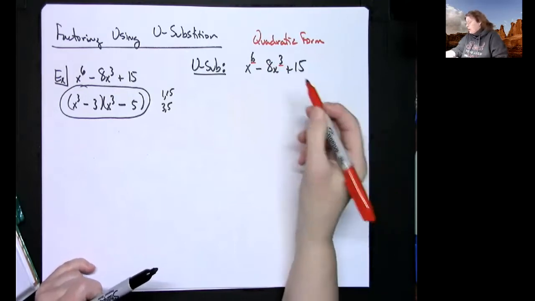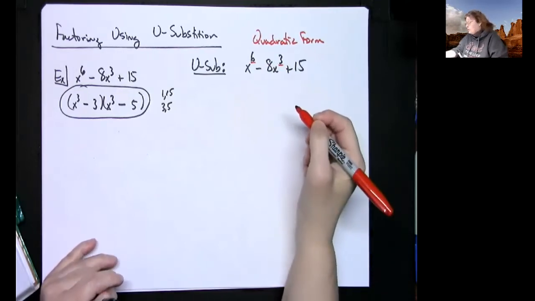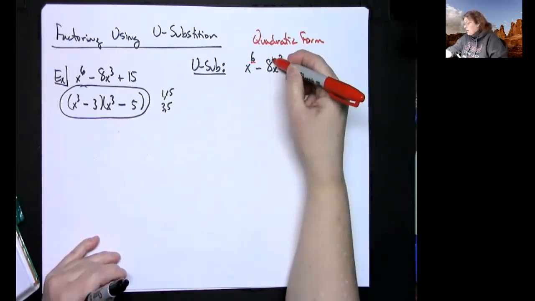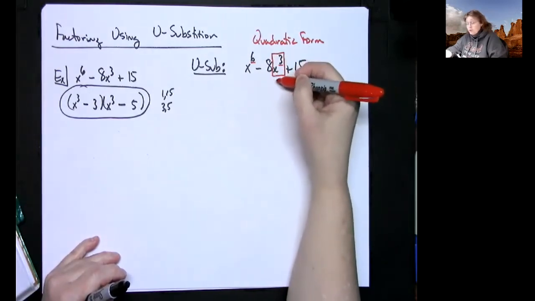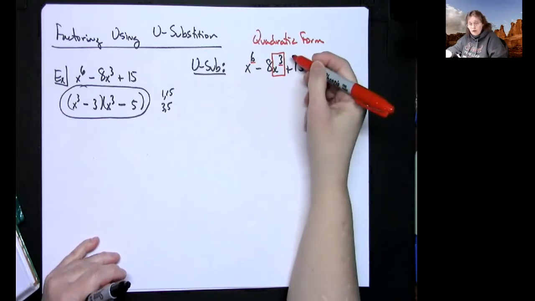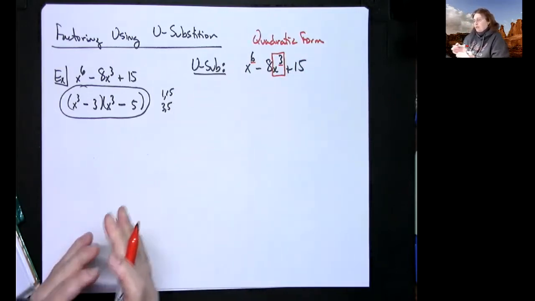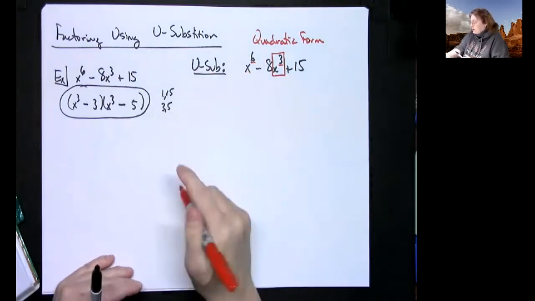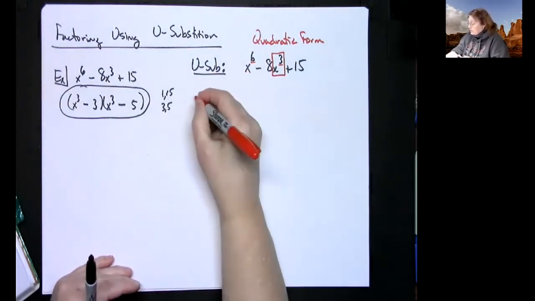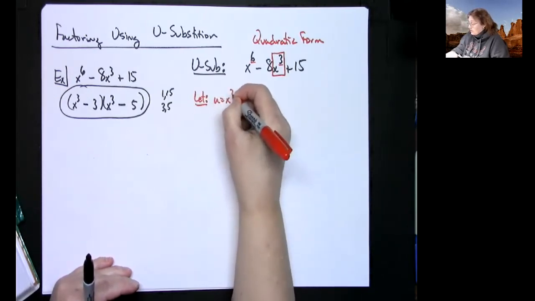When it's in this quadratic form, I can use a U substitution, and I can take whatever this middle variable is with its exponent, and that's what my U is going to be, every time, because we want to have something squared to get this. So we're going to let U equal x to the third.